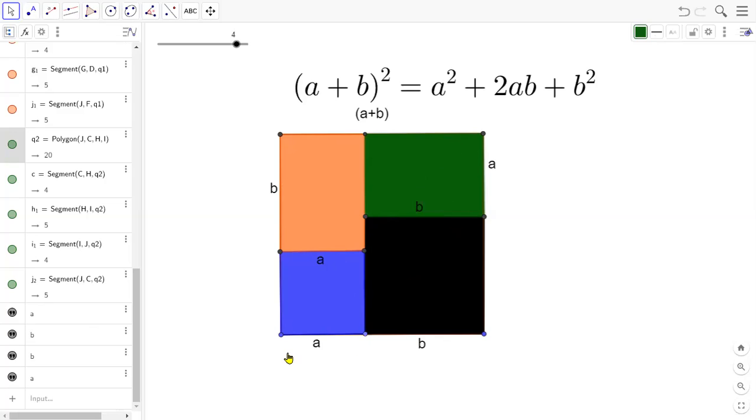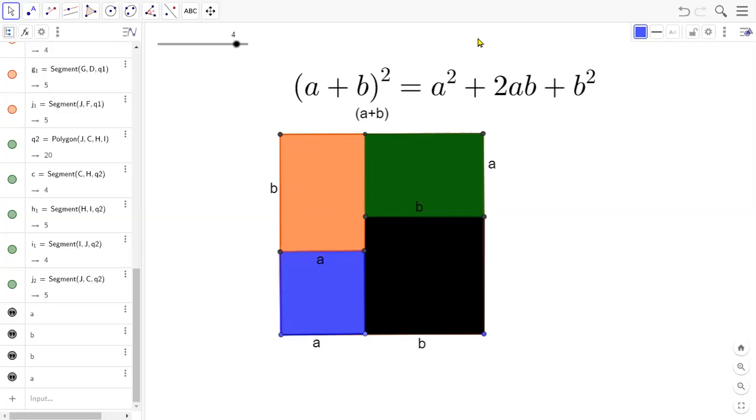So the total area of this square, a plus b whole square, is equivalent to a square plus b square plus ab plus ab. ab plus ab is 2ab.